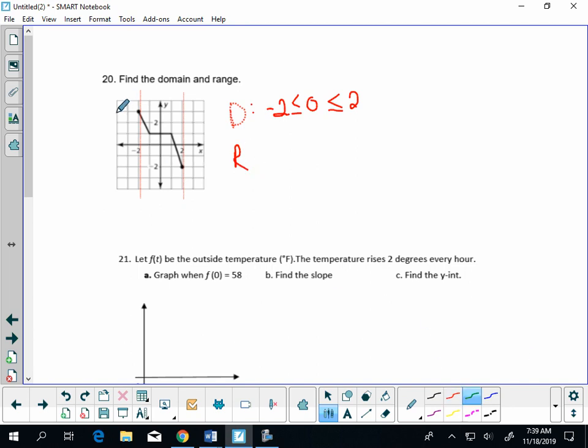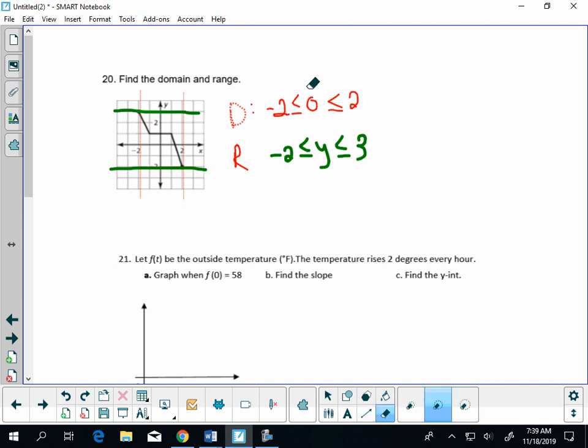Our range are our y values. There's my highest y. There's my lowest y. So my range goes from negative 2. Oops, I see a mistake I made up here. I need to fix that. And my highest y value is 3. I think I was concentrating on my mouse instead of realizing that needed to be an x right there. So my x's are happening between negative 2 and 2. My y's are happening between negative 2 and 3.